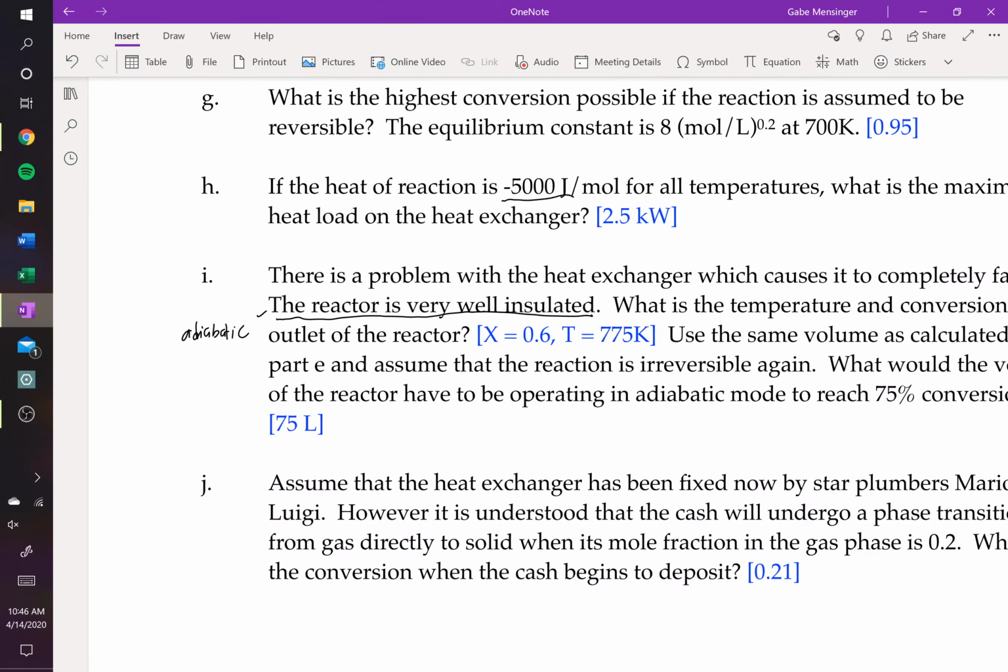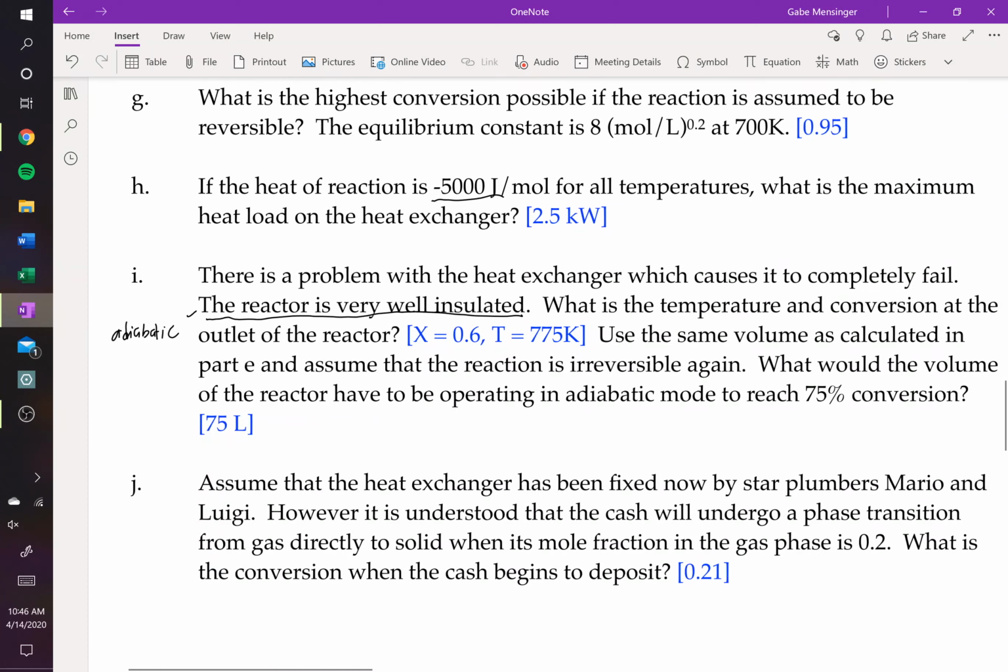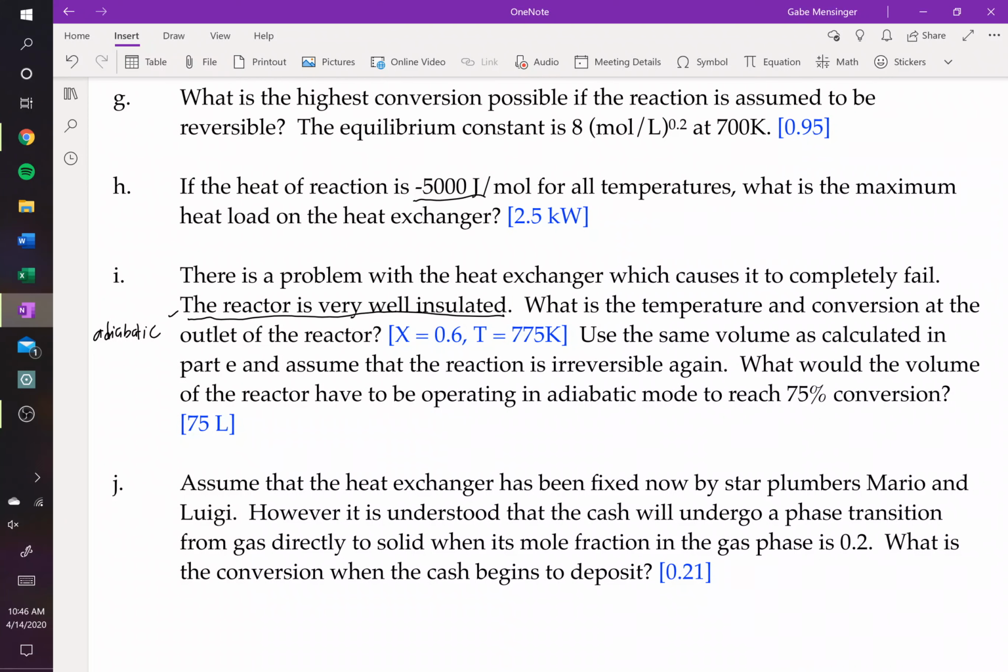I don't think it'll be too difficult to change code that you've used before in order to solve for this. So that solves for the first part, and then using the same volume calculated in part E, what would the volume of the reactor have to be operating in adiabatic mode to reach 75% conversion?